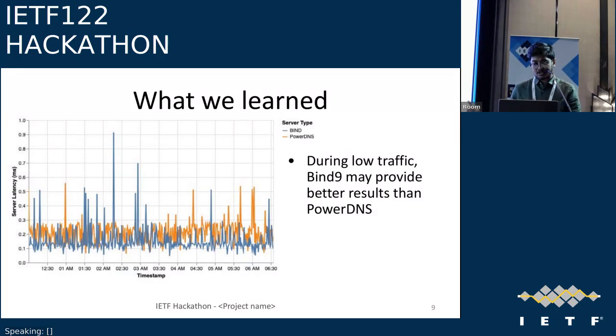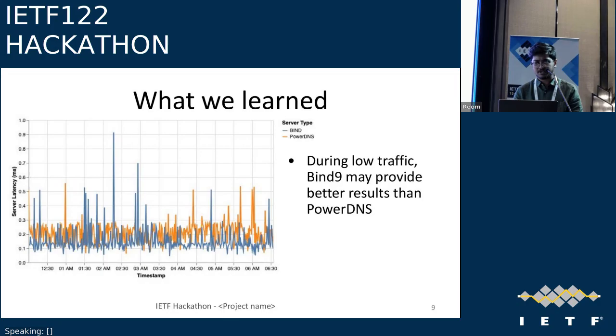We also noticed that when we compare PowerDNS against BIND, especially when there is not a lot of traffic, there is a teeny tiny performance advantage in BIND, because there are probably not a lot of function calls getting in. So if we did a DoS attack, PowerDNS would probably outperform BIND.